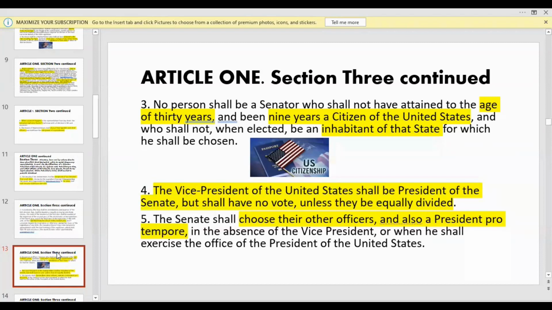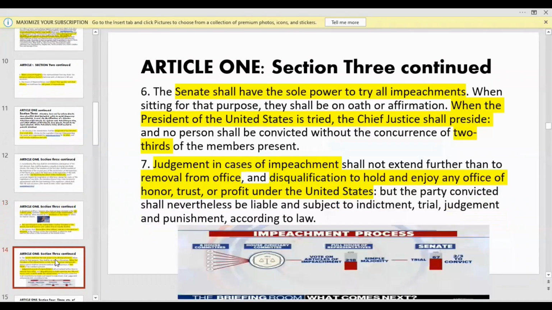And by statute later on, this person, whoever it is, is fourth in line in succession to the president if the three before him die or are incapacitated. Moving on to the next one.